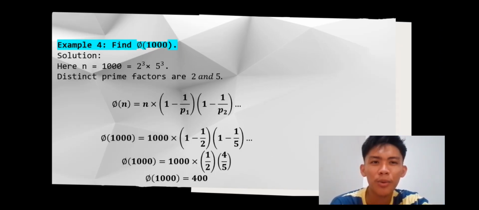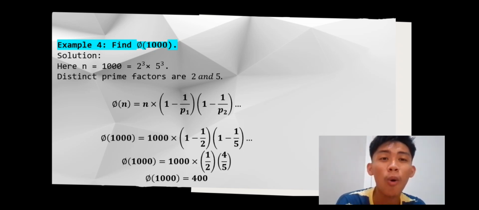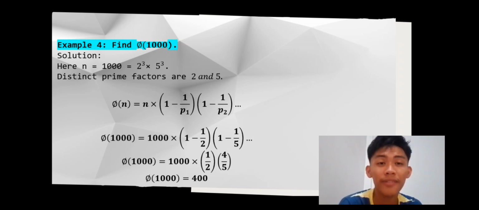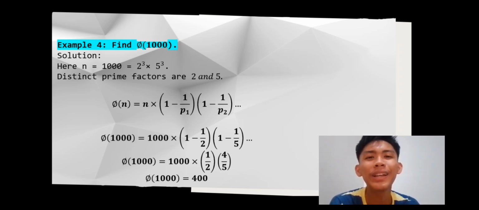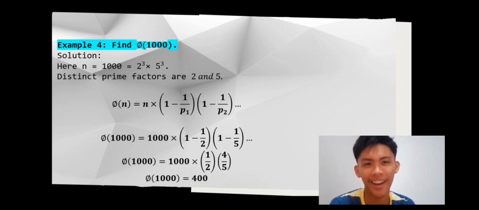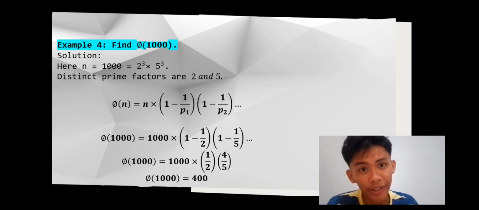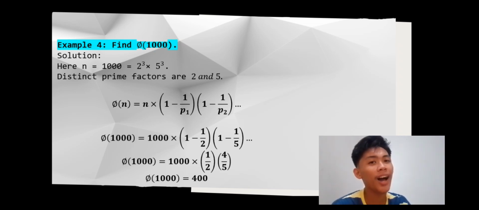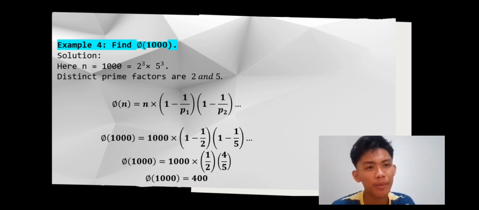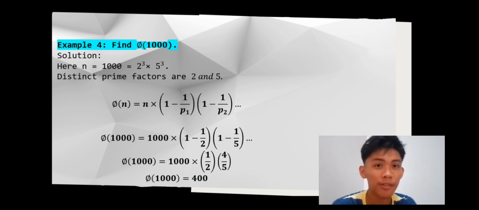Now let's proceed to our fourth example. Our n here is 1,000 because we will find phi of 1,000. In this example, class, we can use the third case. According to the third case, we can use the formula phi of n is equal to n times the quantity of 1 minus 1 over p sub 1 times the quantity of 1 minus 1 over p sub 2, and so on and so forth.